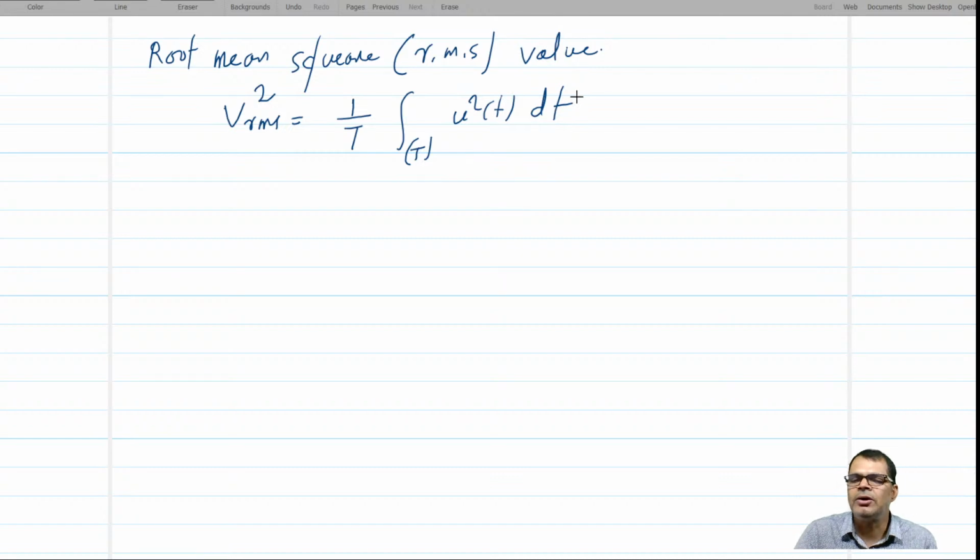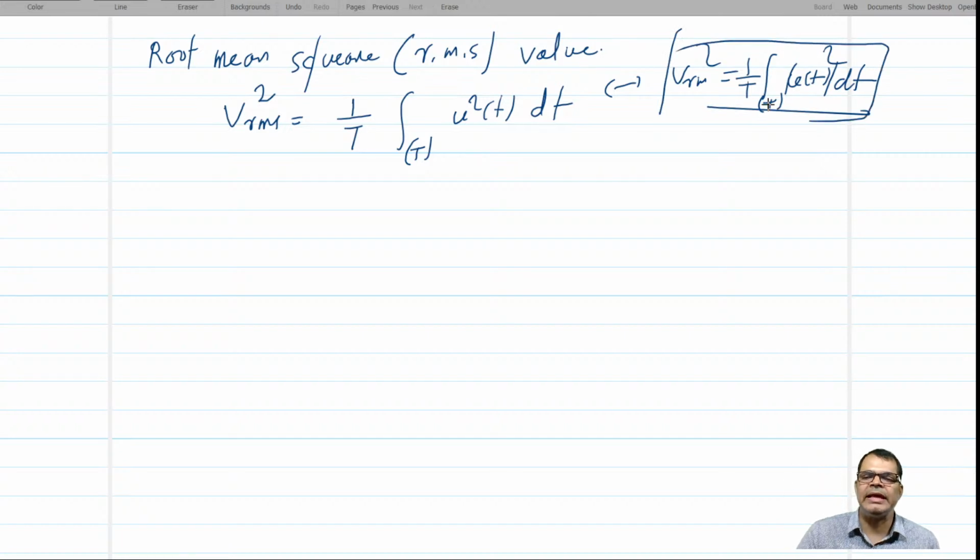We are dealing with all real signals in network theory. This definition changes when you study signals and systems, it will change to 1 upon T over a period, magnitude of v(t) square dt, because there you will be dealing with all types of signals, whether deterministic or probabilistic. In a deterministic signal, whether it is a real signal or imaginary signal, that's why we take the magnitude.